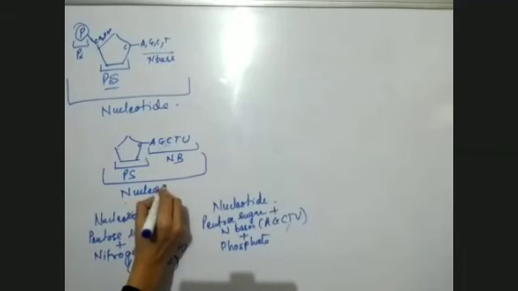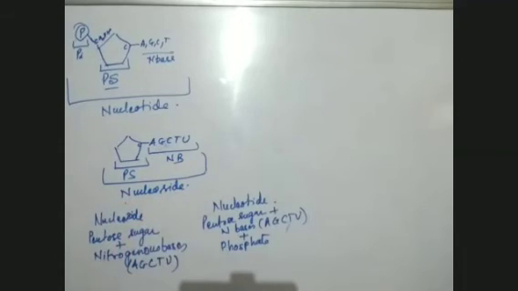Only two things are there, this becomes a nucleoside. So see this, could you understand the difference between the nucleotide and nucleoside now? Any query in this? If you could not understand, just let me know.